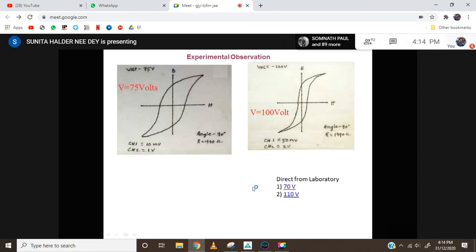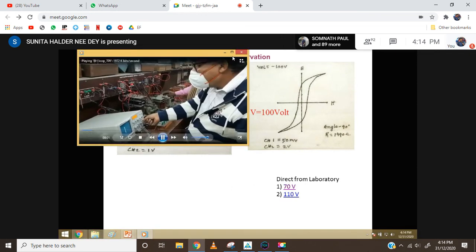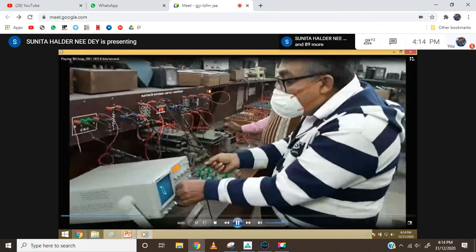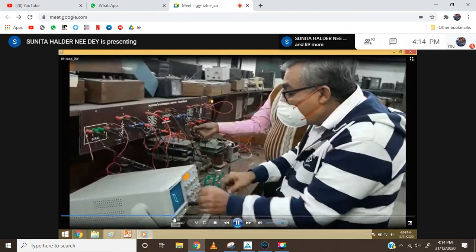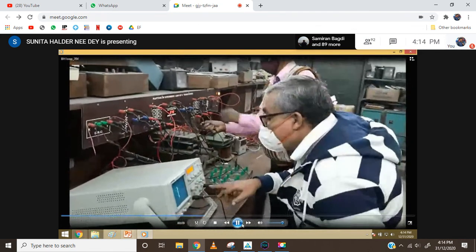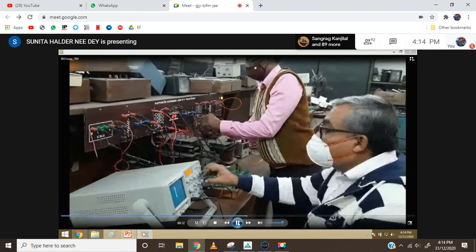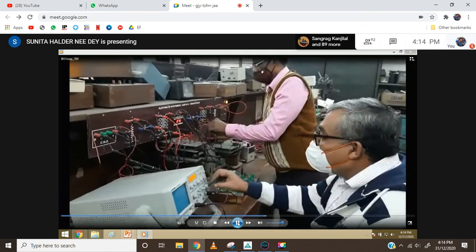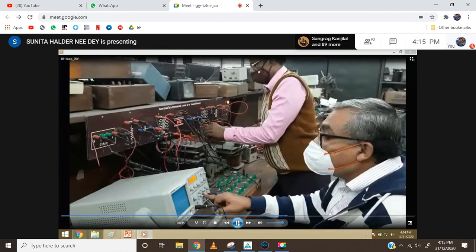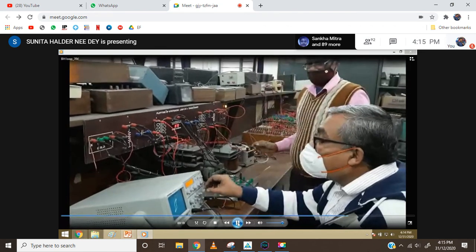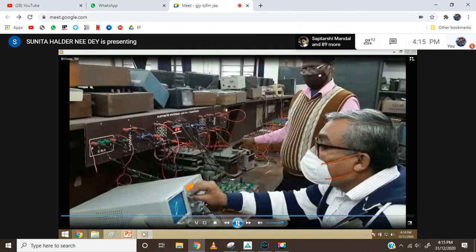So if you see it from the laboratory, it is coming in the opposite direction, so you have to change the polarity. In this way, we can adjust within the scale and we can get it.